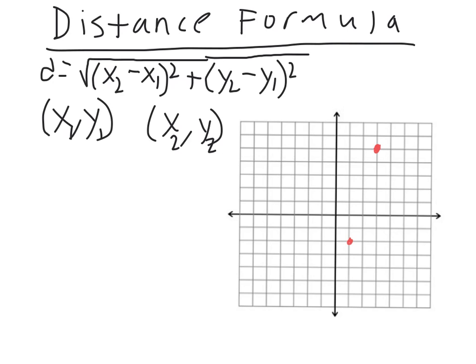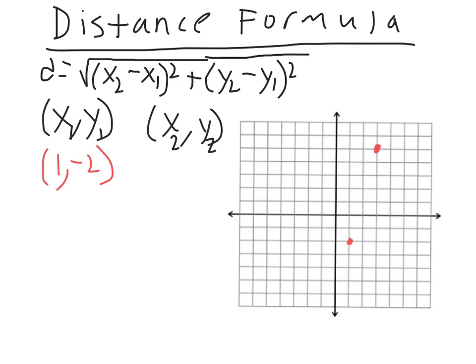So let's look at these points right here. So this first point is 1, negative 2. So we'll write that down. Our first point is at 1, negative 2. Our second point is over 3 up 1, 2, 3, 4, 5.